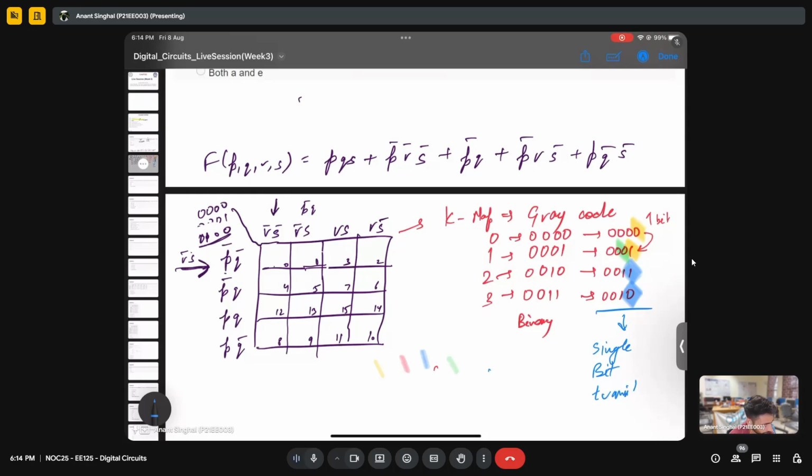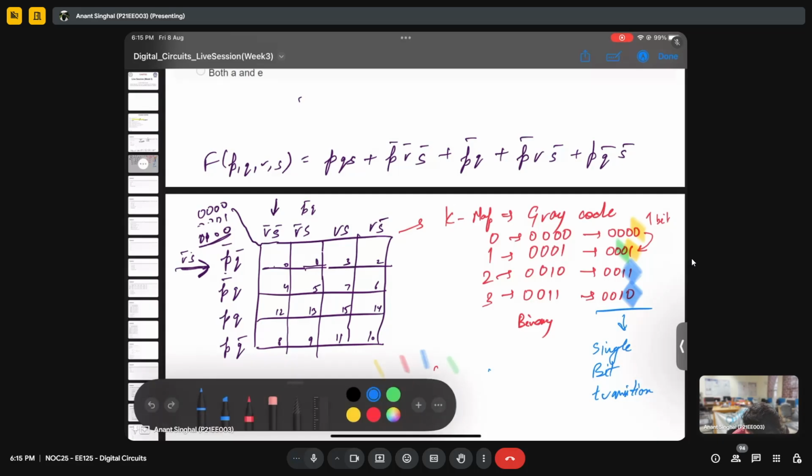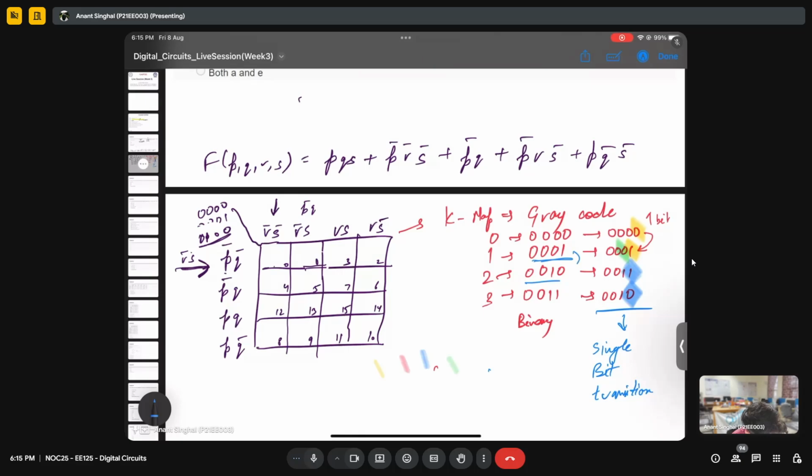I think this conversion will be taken up in some lectures later, but the whole idea of using the gray code is that because it only involves a single bit transition, the error would be quite less as compared to the core binary conversion, because here you see the transition from 1 to 2 is a 2 bit transition, right? This 0 1 has been changed to 1 0.